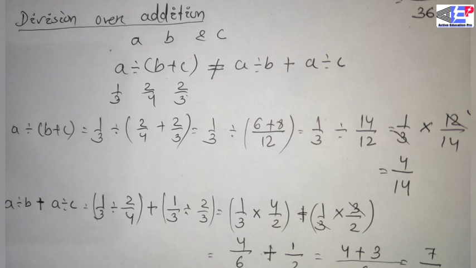Till now we have discussed the four properties: closure property, commutative property, associative property, and distributive property. And I think you found the important video about rational numbers. This is very important. Watch the entire video and make your own note and practice yourself at your home.